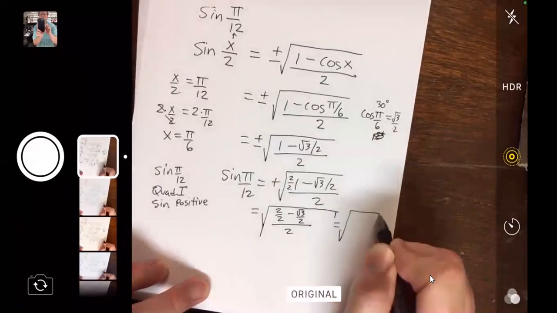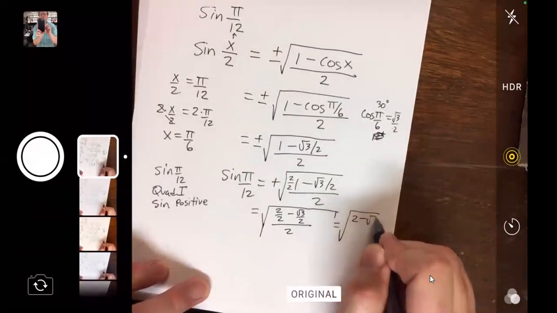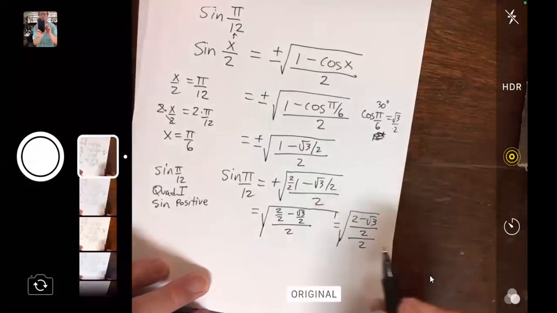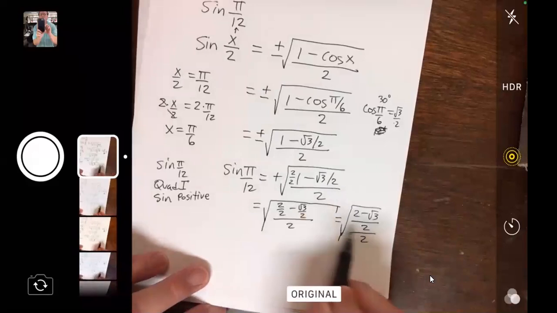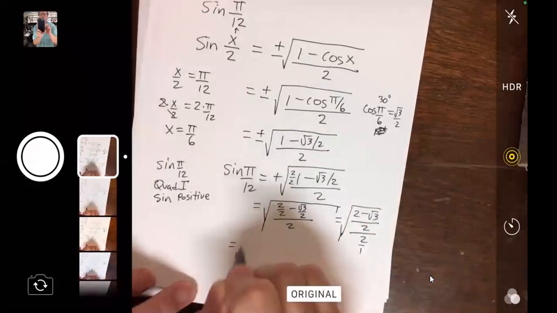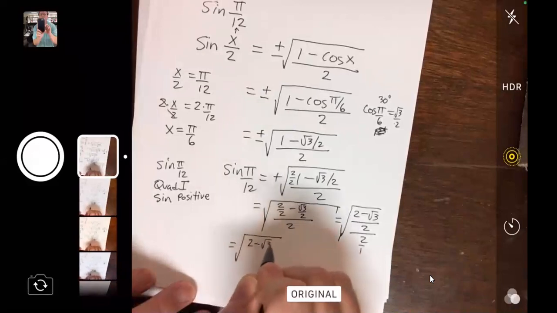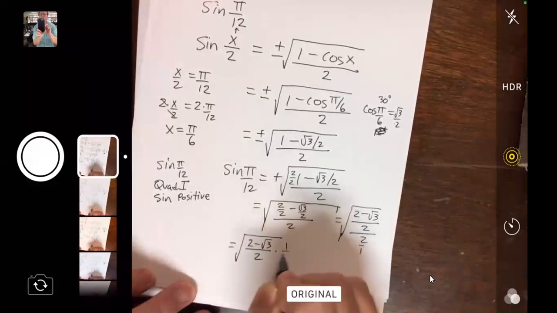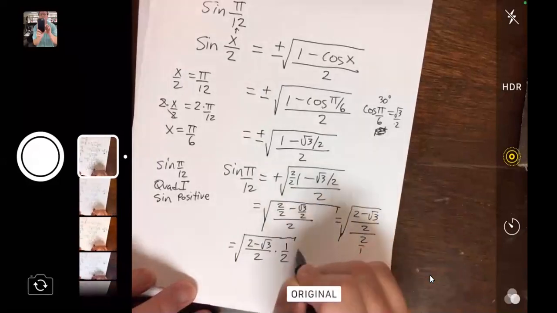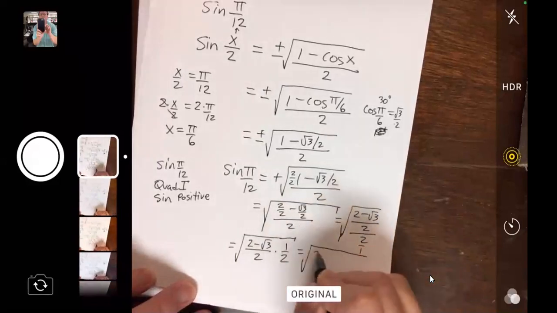The big square root of 2 minus root 3 all over 2, over 2. You can crush this together to be all over 2. All right, so that's a big square root of 2 minus root 3 over 2 times 1/2, because you're flipping this, which means you're at a big square root of 2 minus root 3 all over 4.